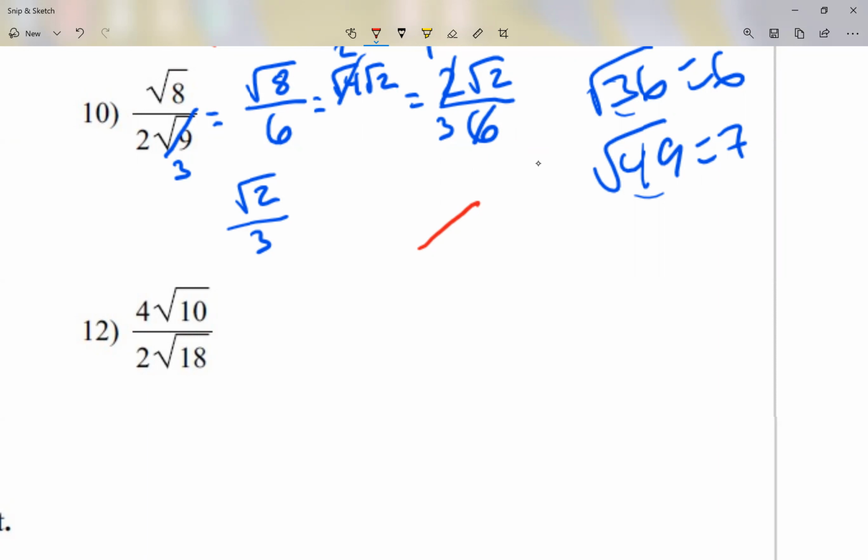So I'm going to have SQRT 2, so square root of 2 over 3. Again, anything before the slash goes on top of the fraction, and anything after that goes at the bottom. If there's a negative sign, whether it's on the top or the bottom, I bring it to the very, very front.